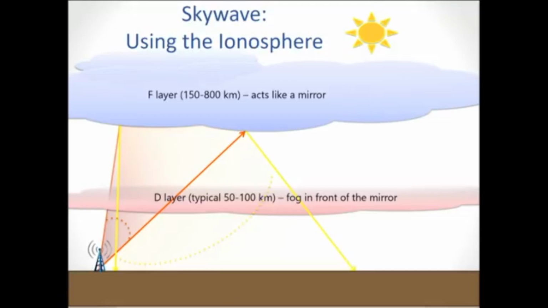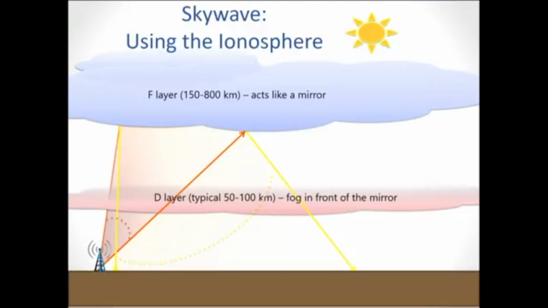And so to do this, we're proposing using Skywave communications, which is based on the ionosphere. The way the ionosphere works is it's formed as the sun hits the upper atmosphere of the Earth and near space with ultraviolet radiation. In the case of the F layer, it ionizes particles and creates this F layer.